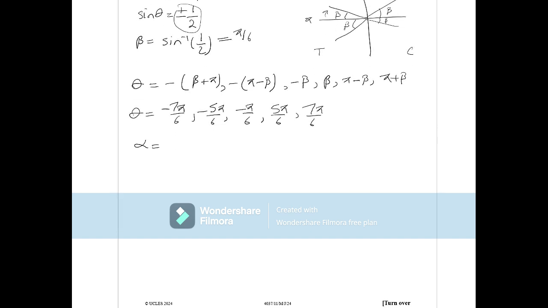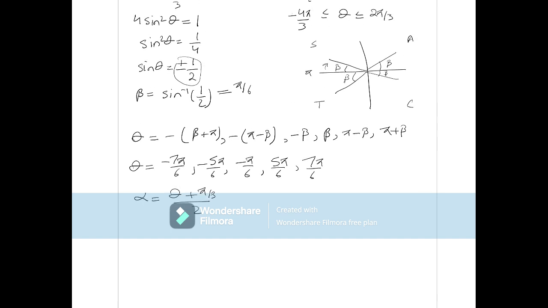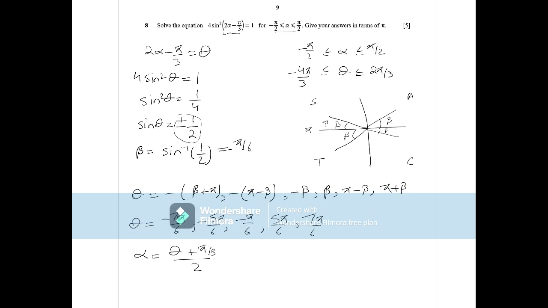Your alpha is theta plus pi by 3 over 2. Why or how? Because your 2 alpha minus pi by 3 was theta, so 2 alpha is theta plus pi by 3, and then getting rid of the 2.